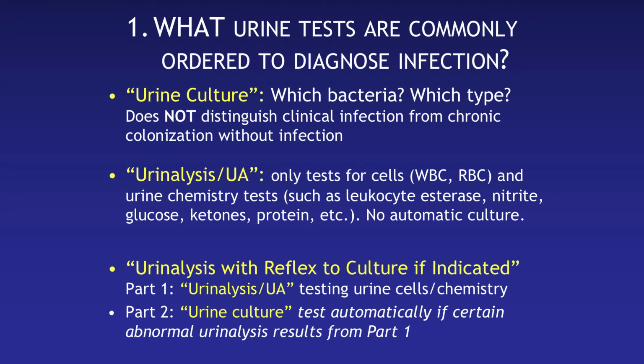This UA with reflex to culture test is the preferred test at many facilities because it means that when the patient has a normal urinalysis result, which means a UTI is not supported, no urine culture will be sent. This reduces the occurrence of having positive urine culture results with an abnormal UA, which is more supportive of chronic colonization rather than a clinical UTI, but is often inappropriately treated with antibiotics.